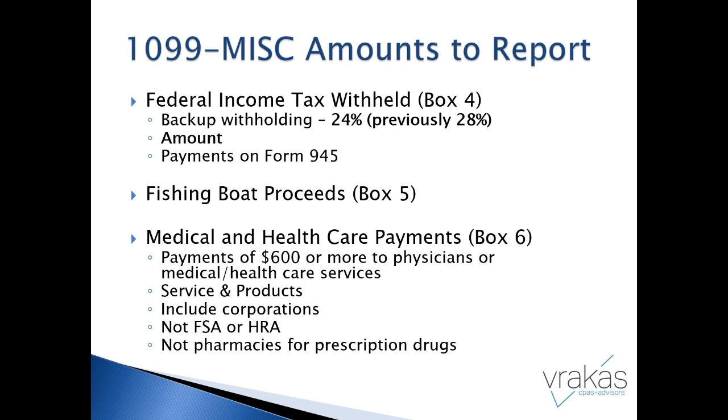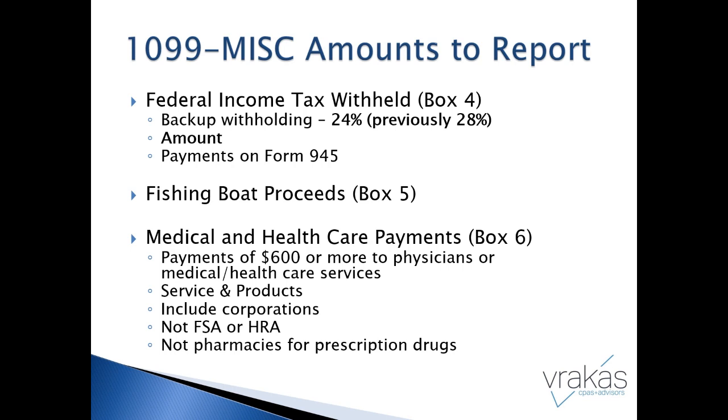And then box 5 is fishing boat proceeds. Haven't seen that. And then box 6, medical and healthcare payments. Now, as I mentioned earlier, the recipients, and we'll go into more detail, are individuals, partnerships, sole proprietors, and sometimes corporations. Well, this is one of the sometimes corporations.